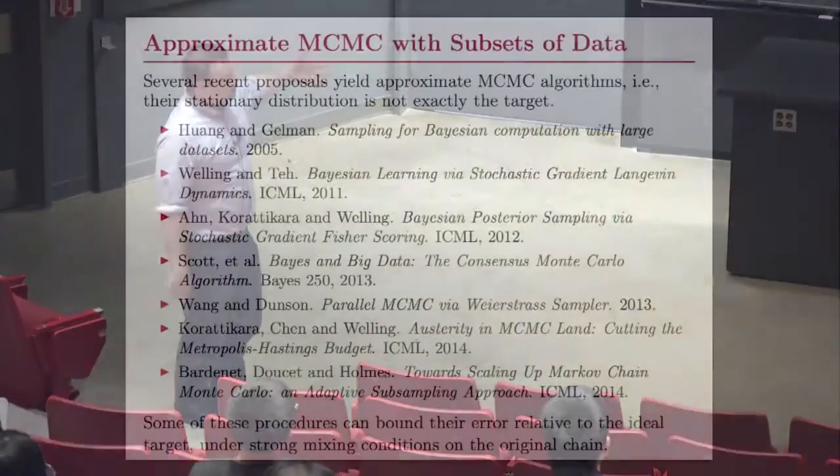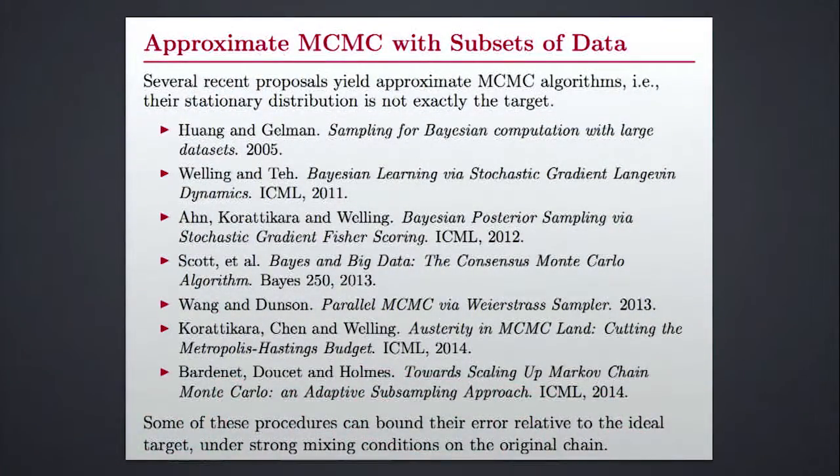Not surprisingly, I am not the first person to say this out loud. In fact, a lot of people are interested in this, and this is just a smattering of papers over the last several years of people trying to figure out how to do MCMC on large data sets, where we can understand what happens when you don't actually see everything at once. Most of these are nice heuristics that make a lot of sense, but in general we don't have a strong theoretical understanding.